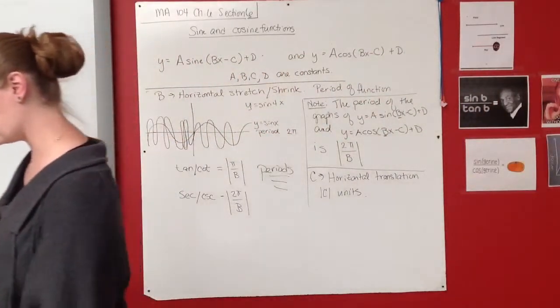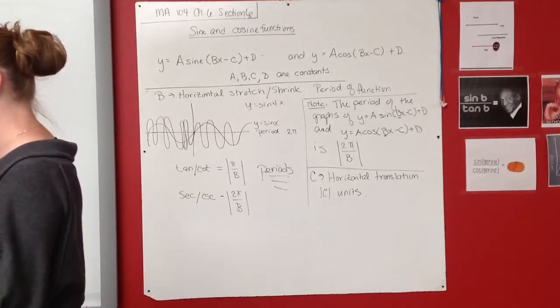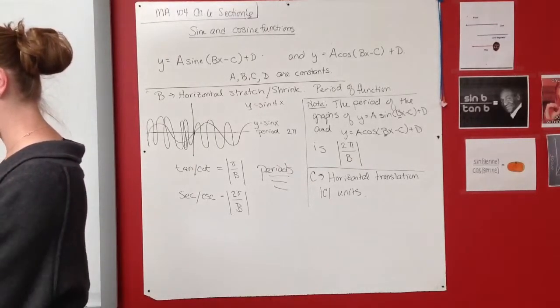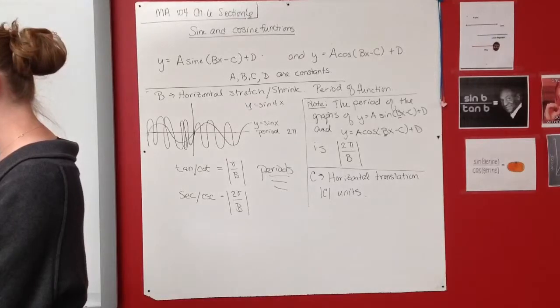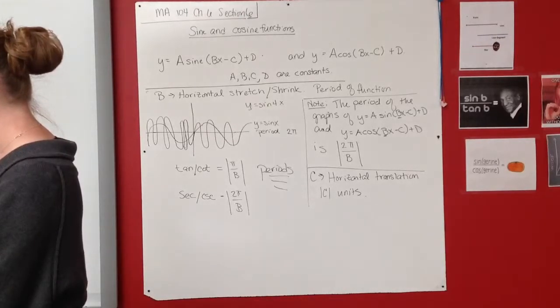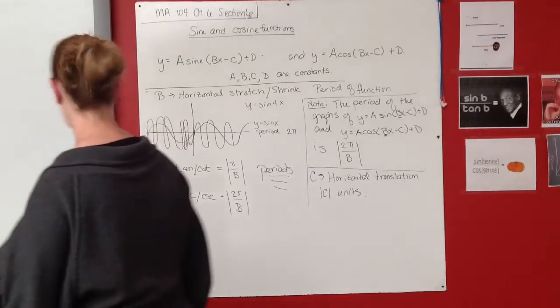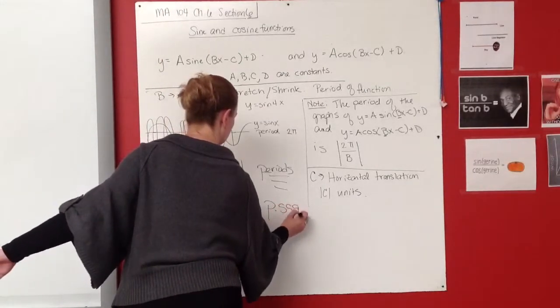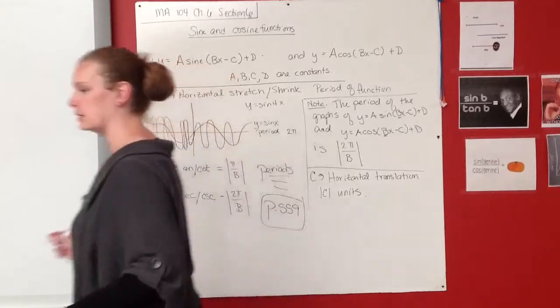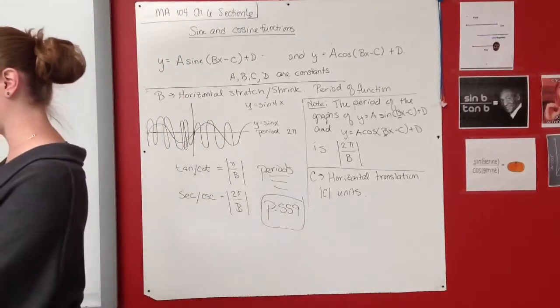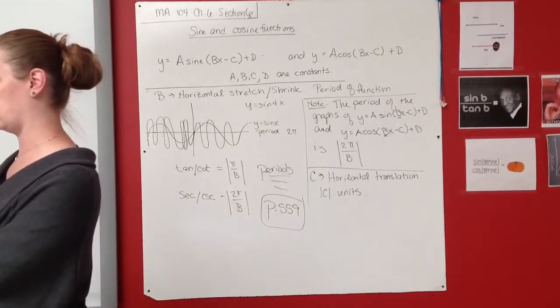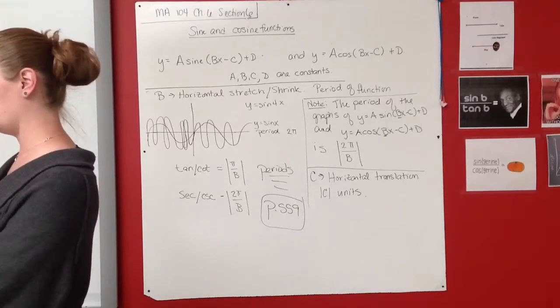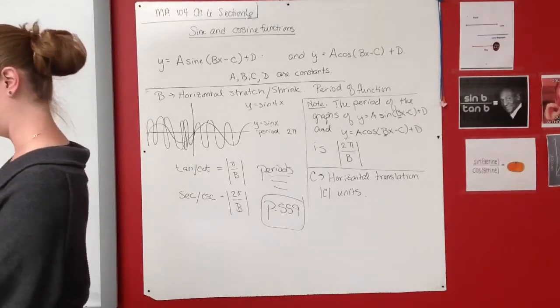There is a wonderful summary in this section on page 559. There's a box that goes through the transformations of the sine and cosine functions. There's an example, too, that's really neat to follow.